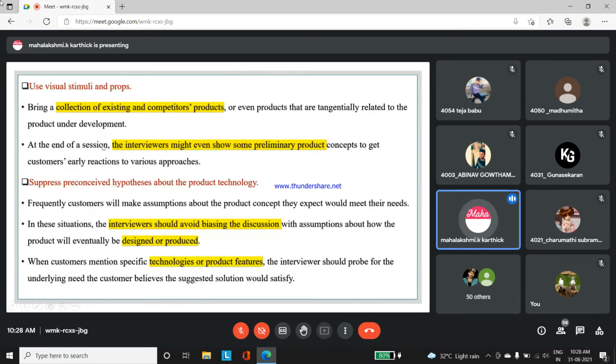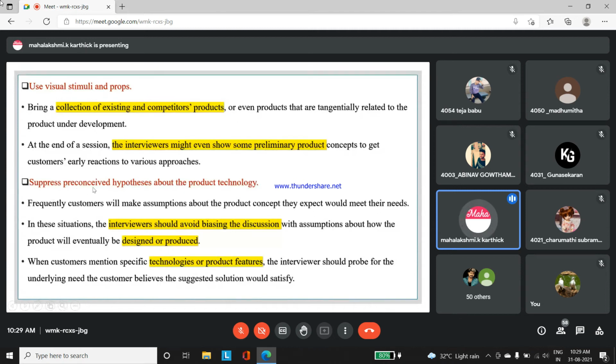At the end of the sessions, the interviewer might even show some preliminary product concepts to get customers' early reactions to various approaches. Some customers may be satisfied to that extent. If you run a sample of a product and show it, they will give correct reactions and take a step towards buying. You have to do that: show the demo session for that particular customer and get the various reactions from them.